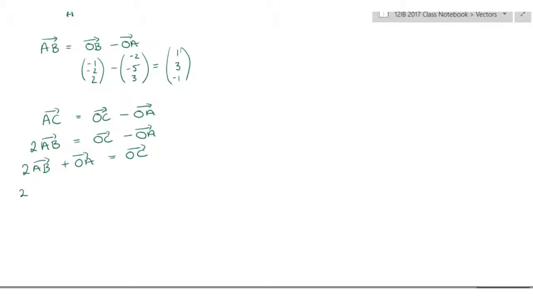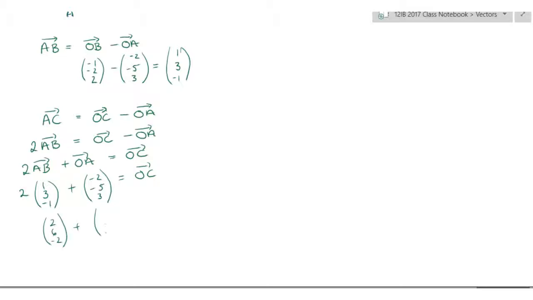Now this we know, because we know AB is 1, 3, -1, so we're timesing that by 2, and A is -2, -5, 3, and then we can find OC. So 2 lots of that will give us 2, 6, -2.